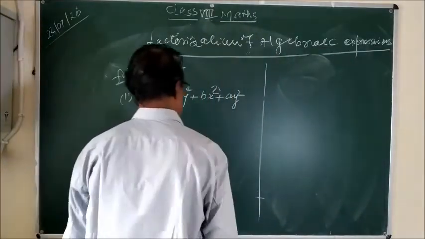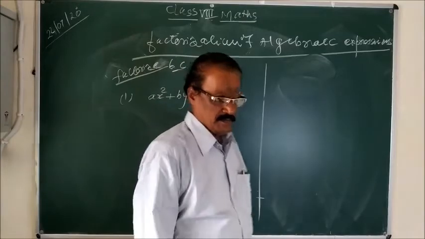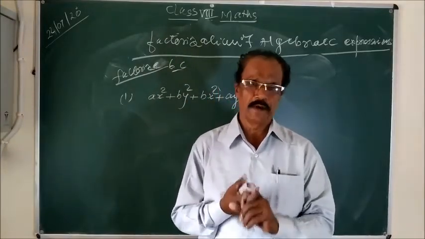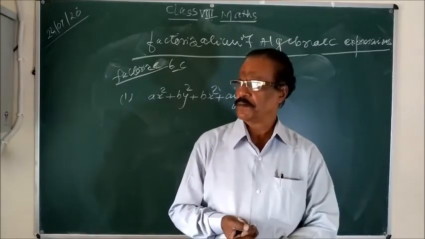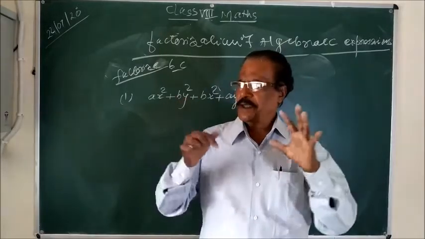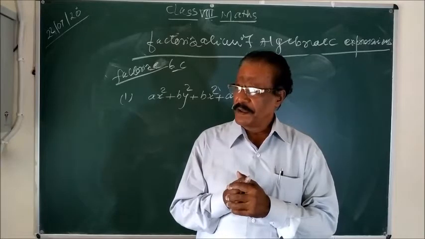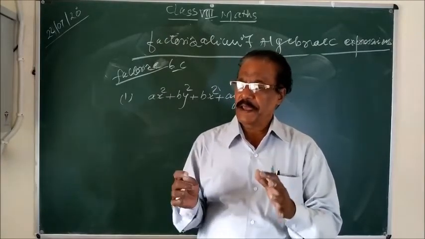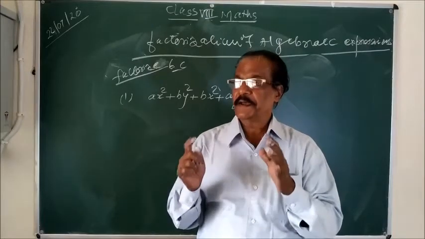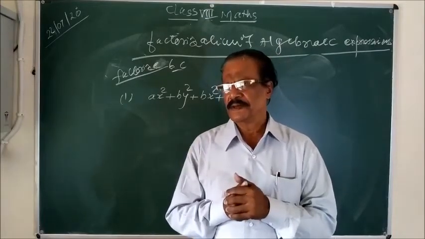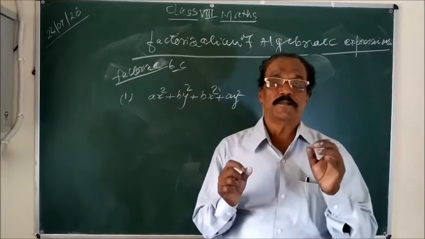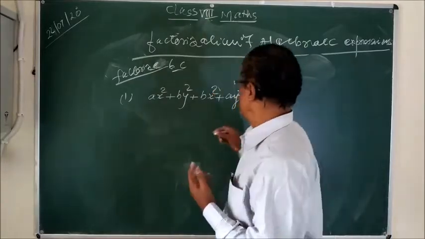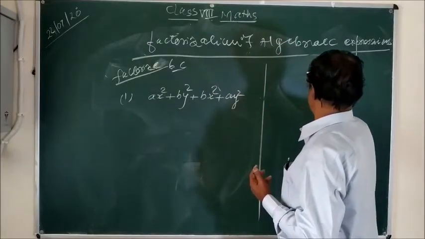I would like to remind all of you what is the meaning of factorization. Although I have explained it, factorization means to write the given algebraic expressions in the form of products. I have also given examples.